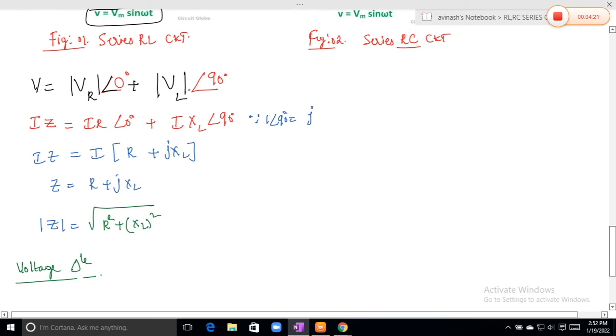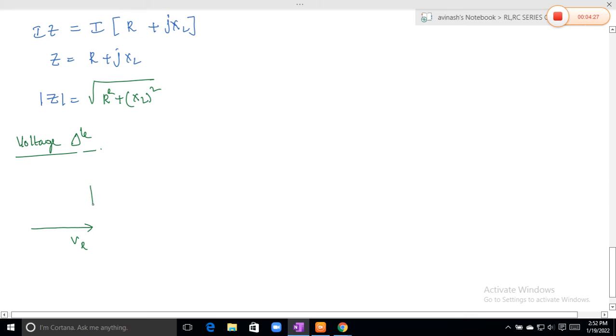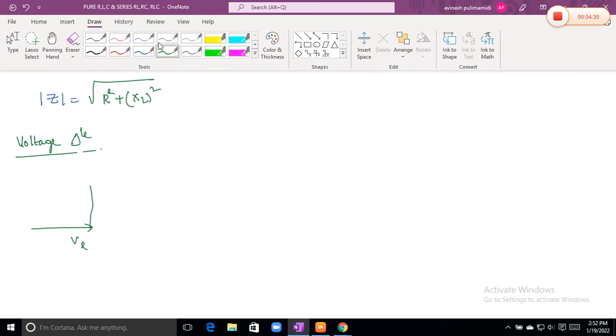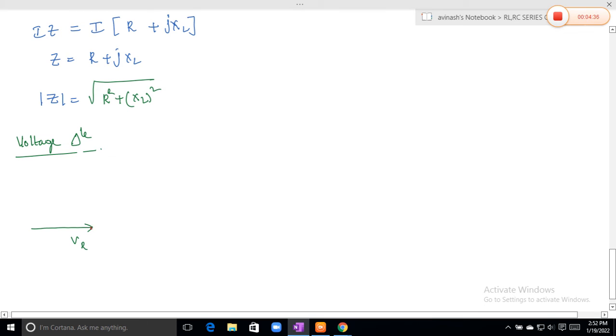VL is taken at an angle of plus 90 degrees. Now the phasor addition of both VL and VR gives V. V is equal to the phasor sum of VR and VL.